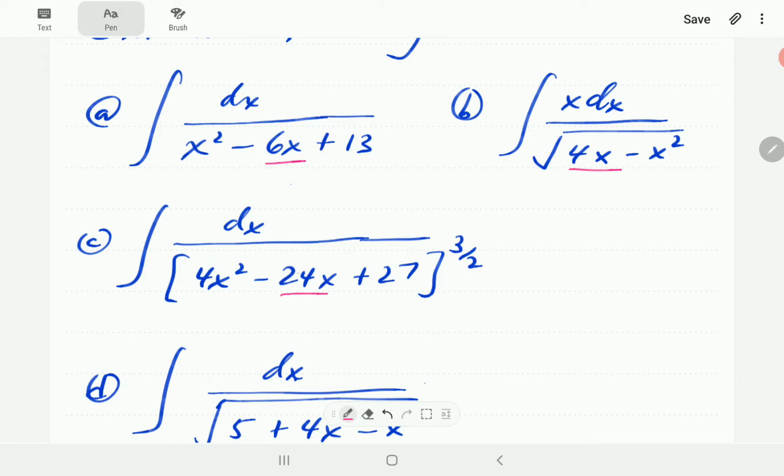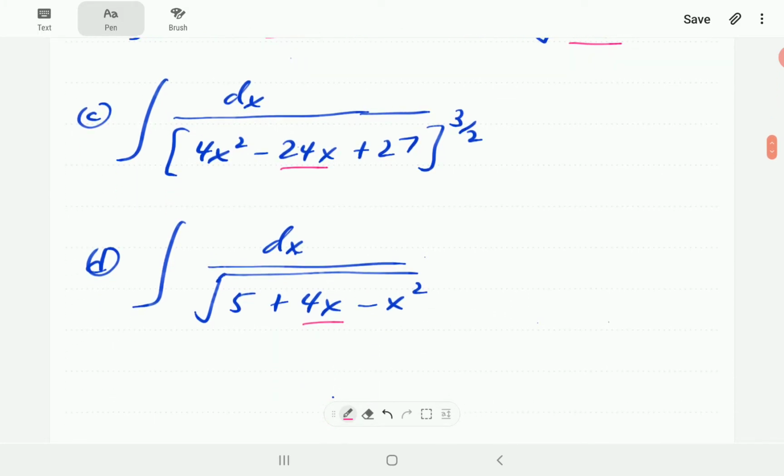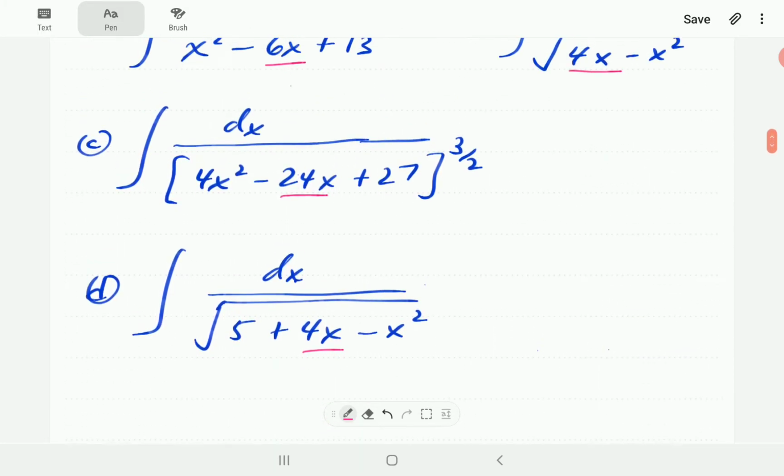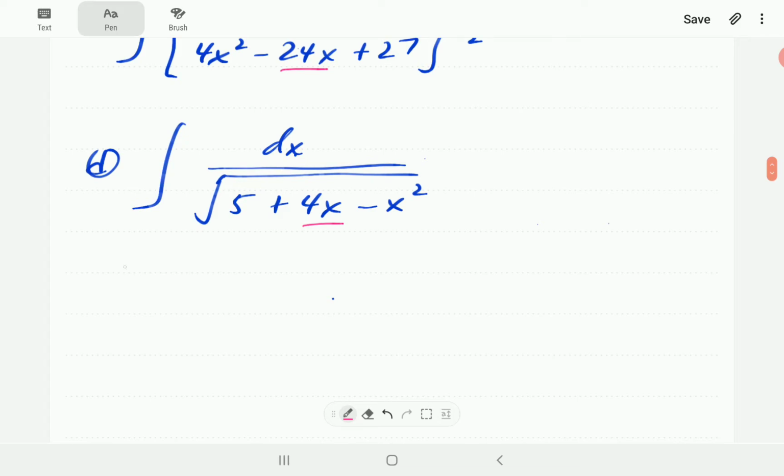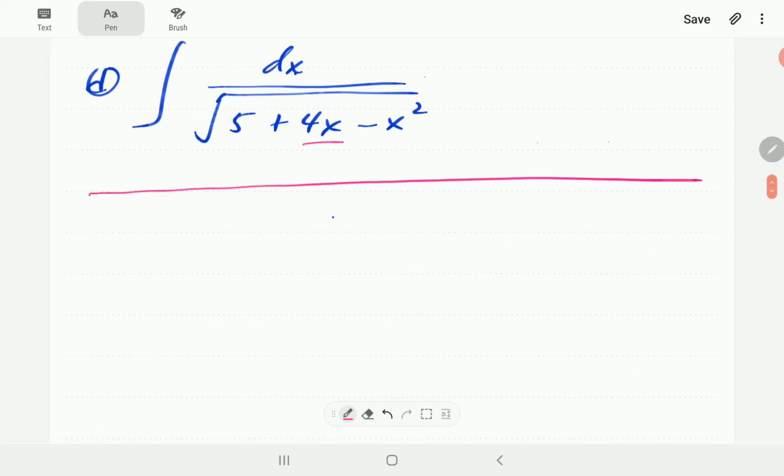So for this one, before we can apply trigonometric substitution, typically we need to start by completing the square. If your completing the square is a bit rusty, you might want to go and brush that skill up.